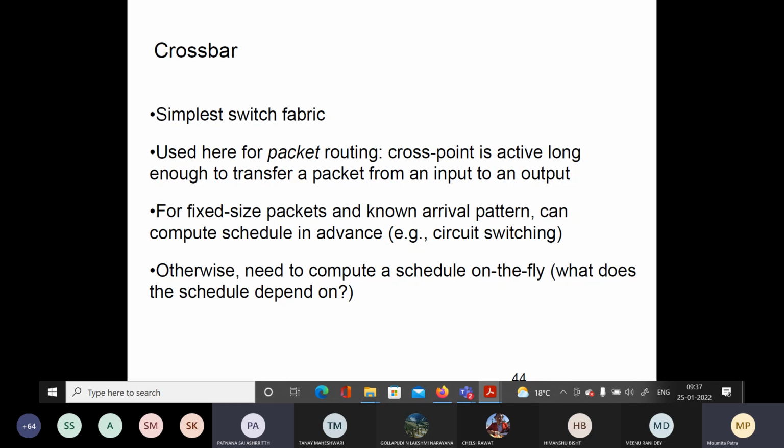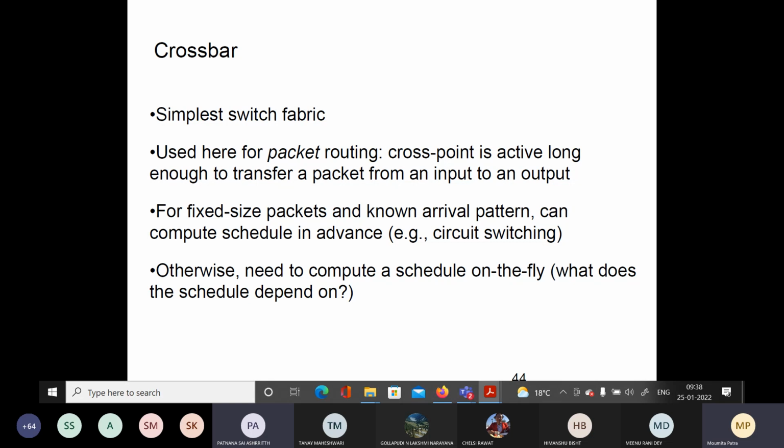If these are not there, or if you have variable size packets and you do not know the arrival pattern, then on the fly through your switch fabric, when the packet needs to move, you need to compute the schedule so that the packets can be moved from one input port to the corresponding output port. Okay, so that is a complexity that will come into picture.